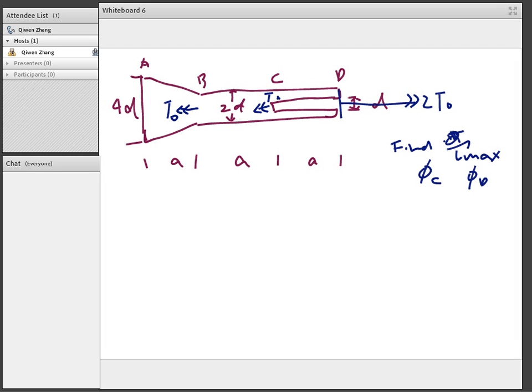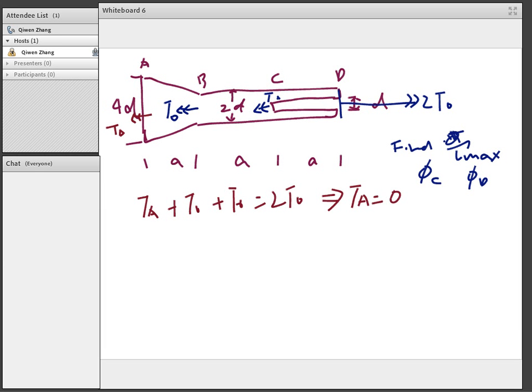So let's call this unknown TA, the torsion at point A. We can write an equilibrium equation: TA plus T0 plus T0 is equal to 2T0. From that, we find TA is equal to 0, right?